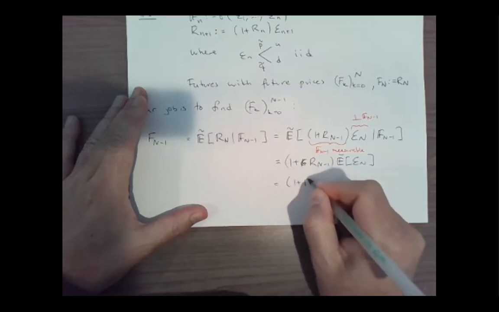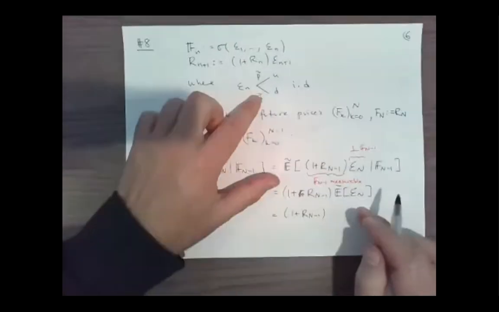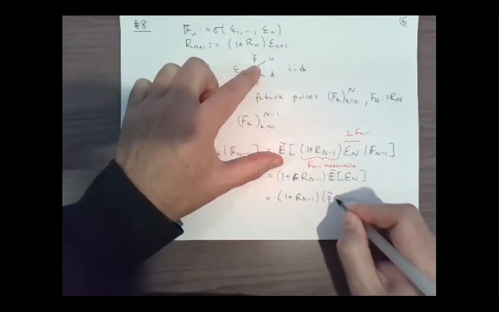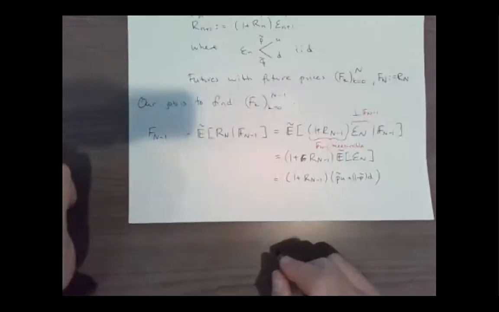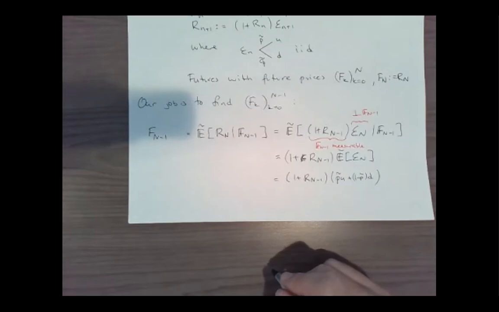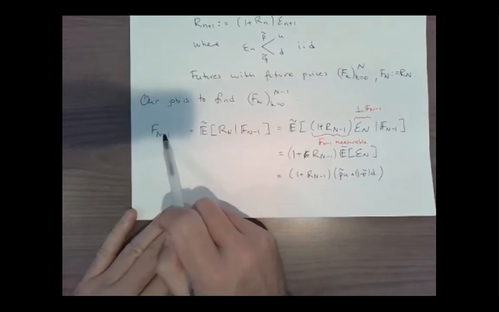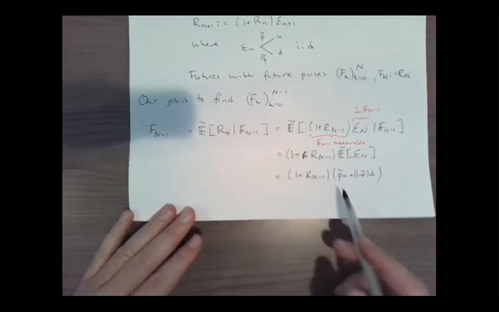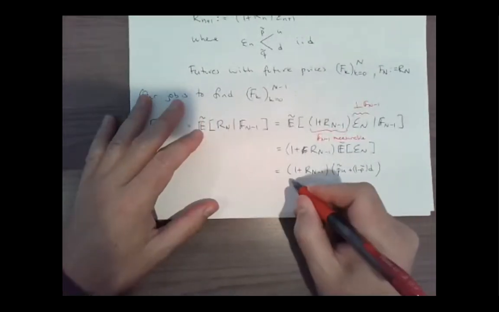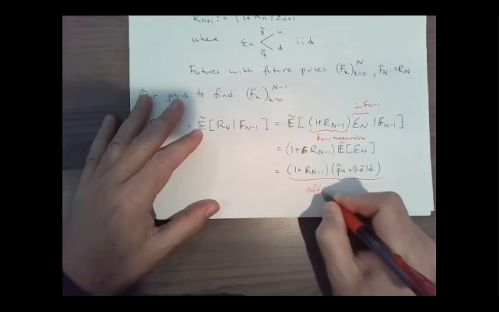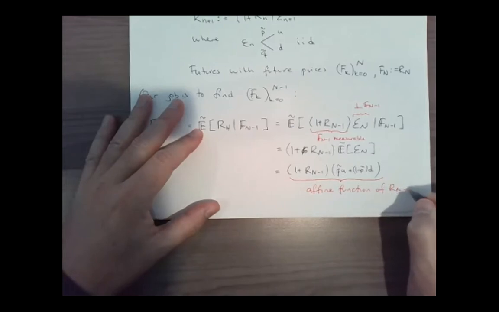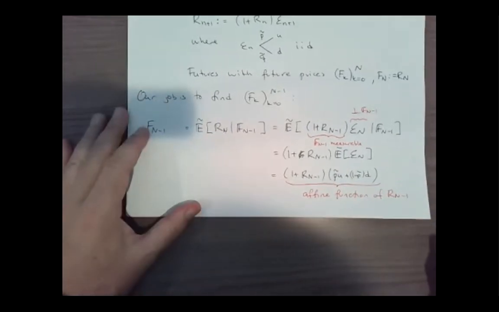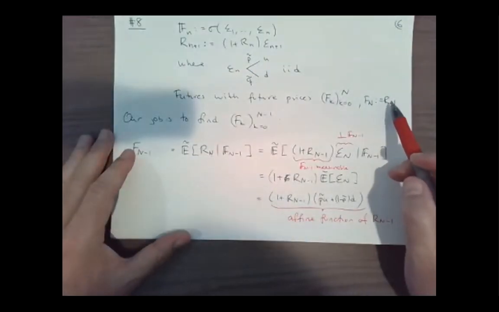What we will have here is 1 plus R_{n-1}, times the expectation of these, which is P tilde U plus (1 minus P tilde) D. So we see here that the futures price at time n minus 1 is an affine function of R_{n-1}, and this is of course also an affine function of R_n.